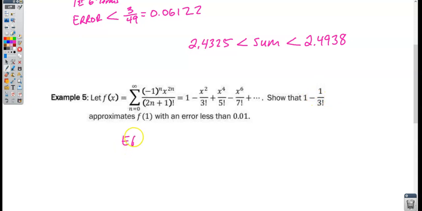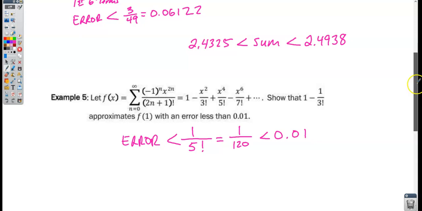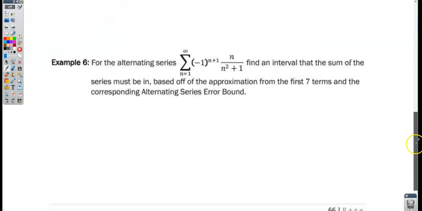Therefore, the error is going to be less than the 3rd term, the next term here, at x equals 1. So the error is going to be less than 1 over 5 factorial. 1 over 5 factorial is 1 over 120, which is less than 0.01. Boom. I've shown that 1 minus 1 over 3 factorial approximates f of 1 with an error less than 0.01.